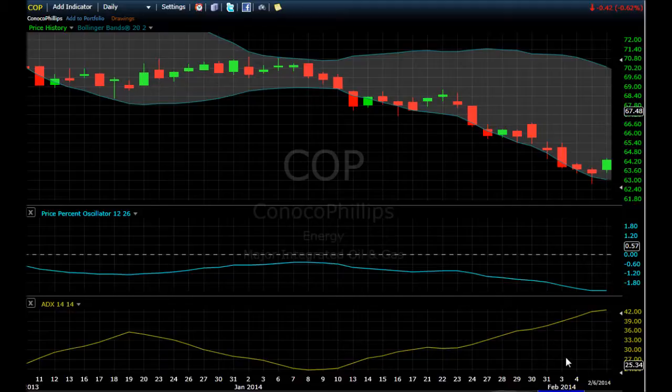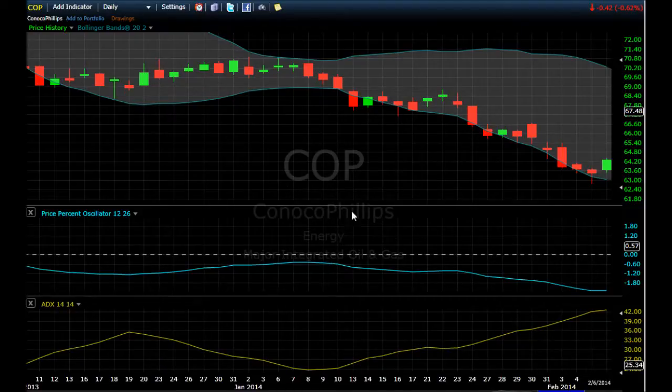So basically, my understanding of how this indicator works is that you're identifying stocks that have been beaten down to a point where the selling has been exhausted, and that's what the ADX is identifying.